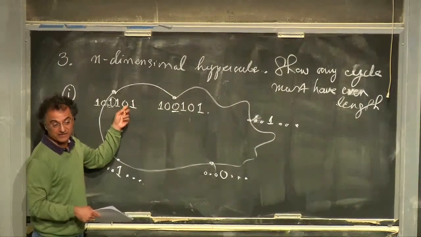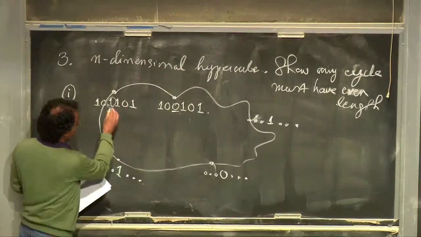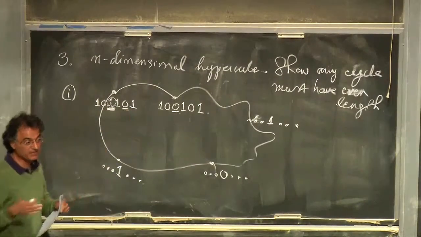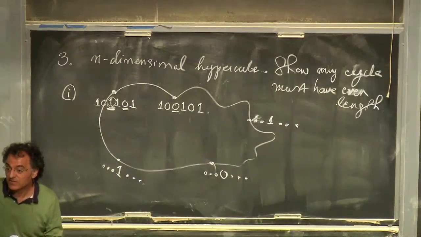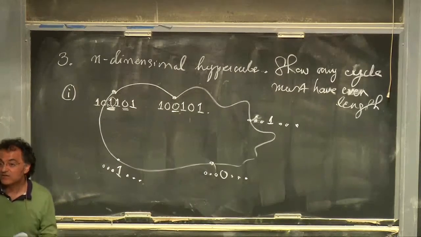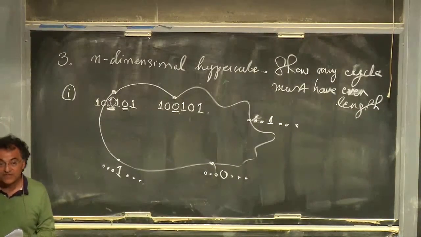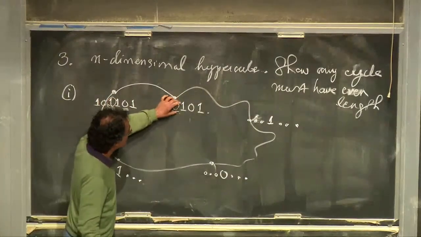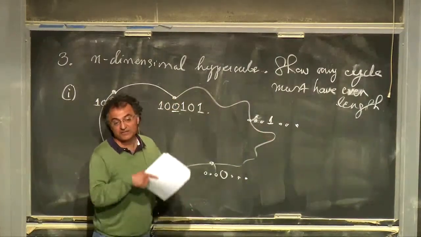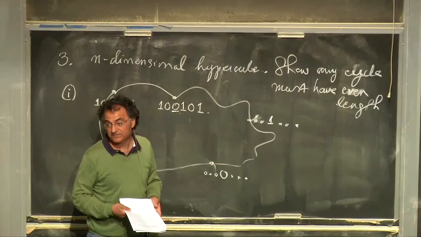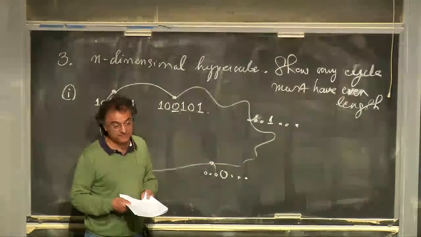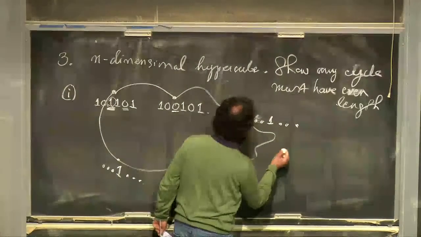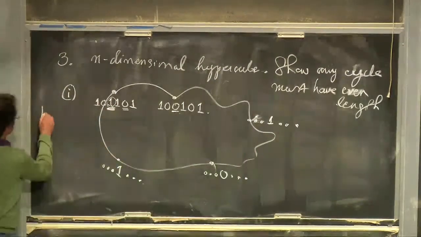If you watch just this bit, it flipped an even number of times. All these are edges on your path, and each type of edge is used an even number of times, therefore the entire path is of even length. Okay, that's one proof, proof number one. So let's call it bit flips.